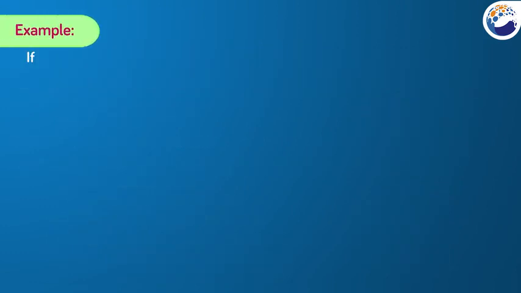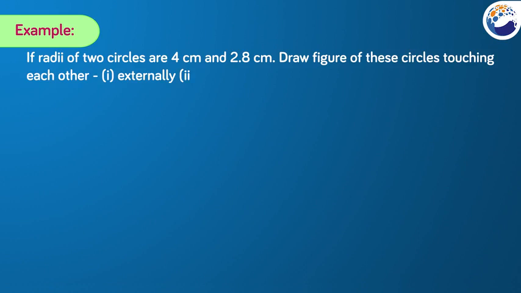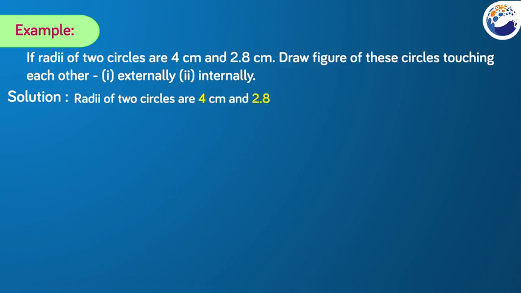Example: if radii of two circles are 4 cm and 2.8 cm, draw figure of these circles touching each other, 1 externally, 2 internally. Solution: radii of two circles are 4 cm and 2.8 cm. 1.